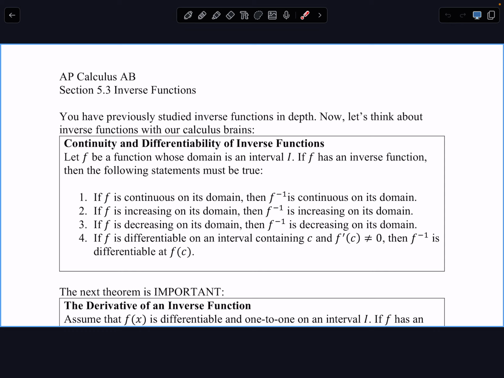That makes sense. Does it have to be a monotonic function? Yes. So if f is increasing on its entire domain, then f inverse is also increasing on its entire domain.